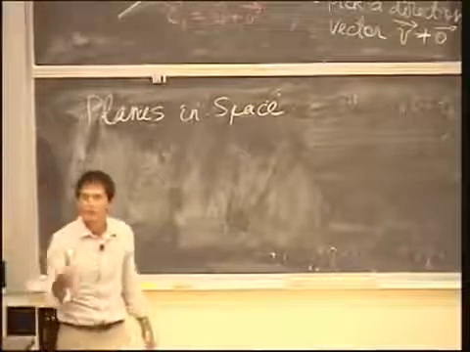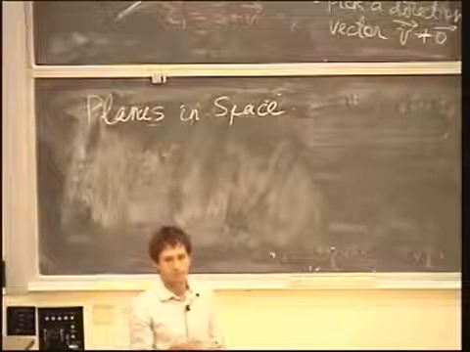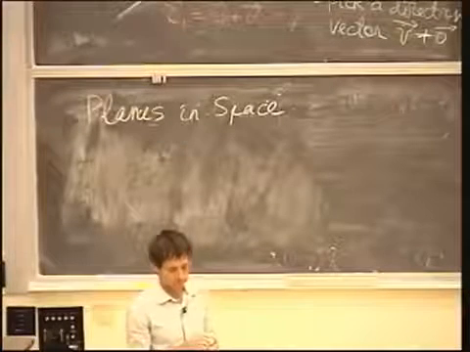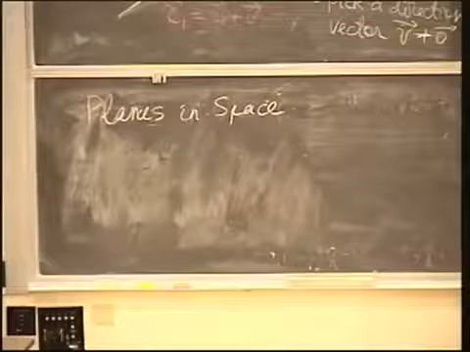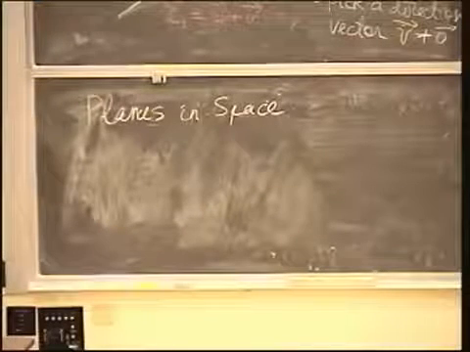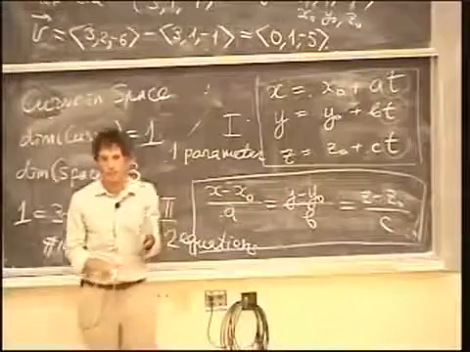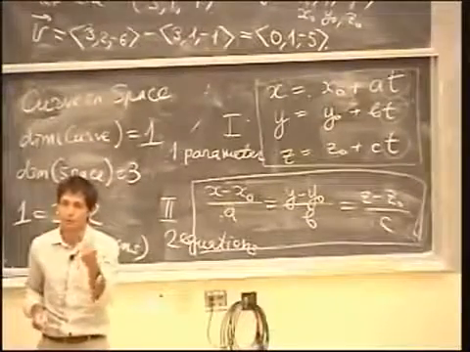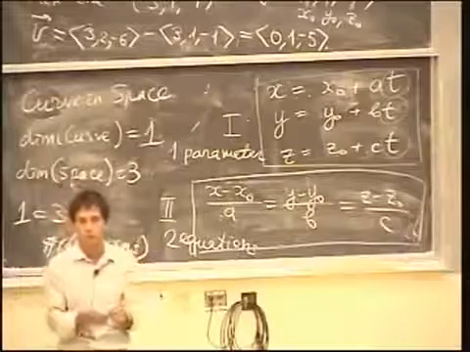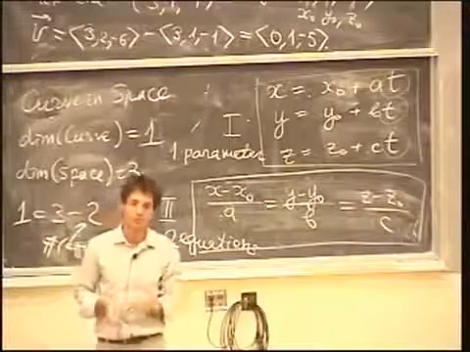The question is, what is the best way to represent a plane in a 3-dimensional space? So we look again at these two options. One is to parameterize. The other one is to write equations. If we were to parameterize a plane, we would need two parameters, not just one, because it's two-dimensional. But if we were to write down equations, we only need one equation, right?